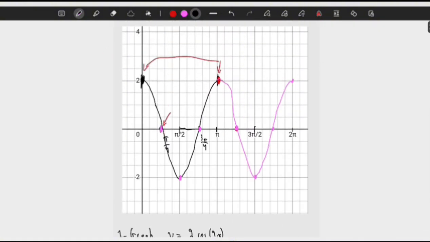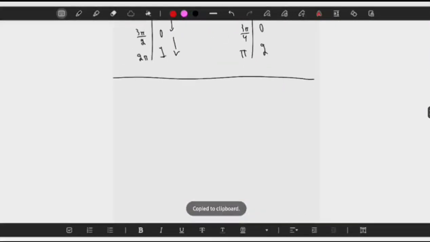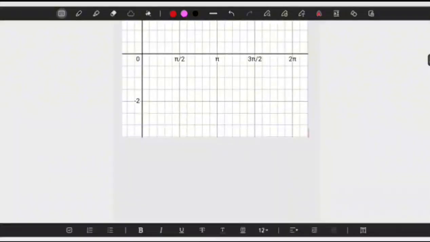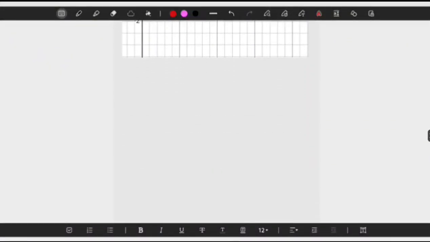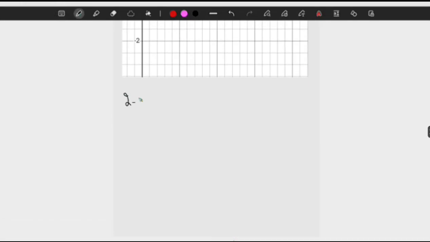Alright, so now let's try to graph something a little bit harder maybe. So I'm going to reuse the same image from the top. And now we are going to come up with a new equation. So let's change it this time.